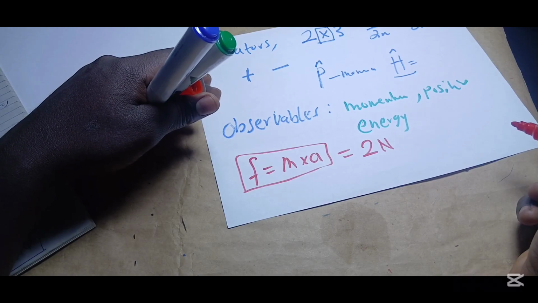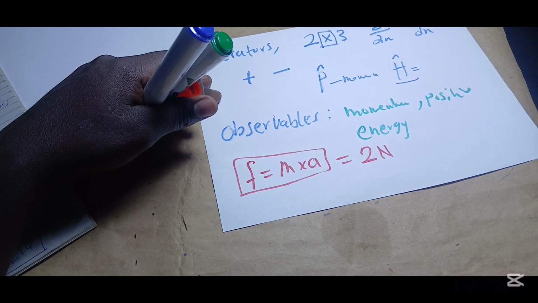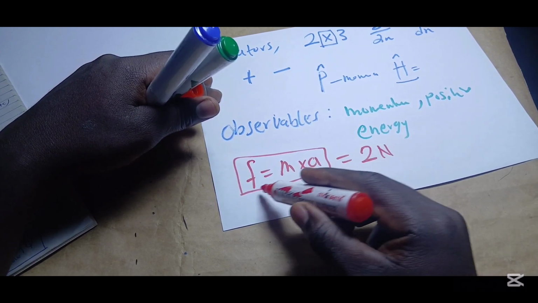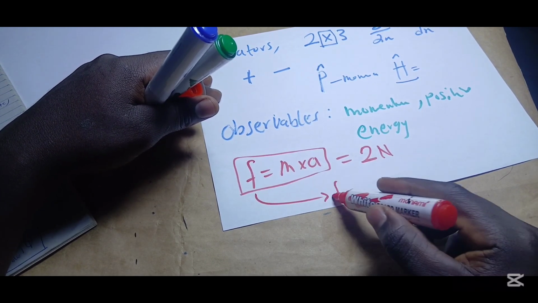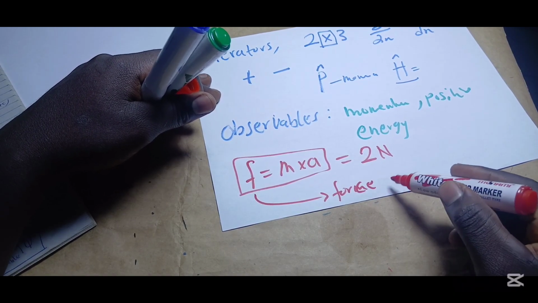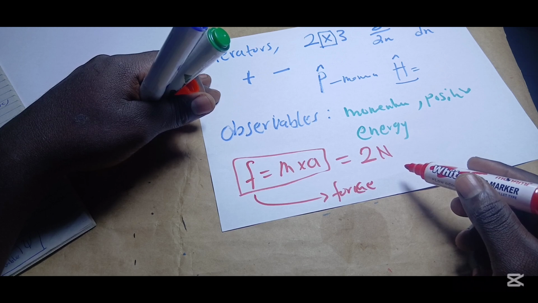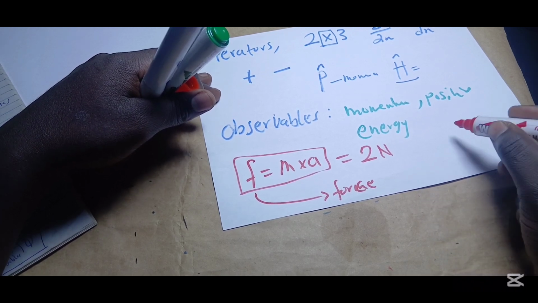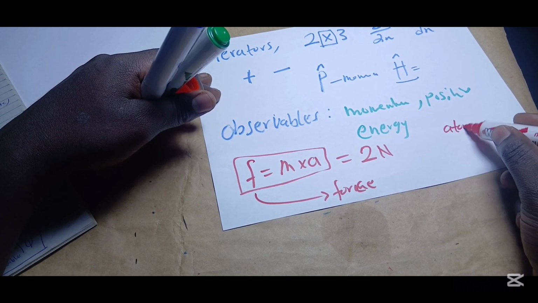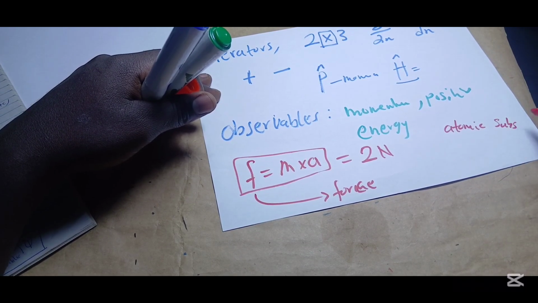But it turns out to not be the same in quantum mechanics. Here our observable is the force that we are measuring. Whatever value we get, we would be able to explain that force when looking at a classical system. In quantum mechanics, which is at the subatomic level, things are not the same.